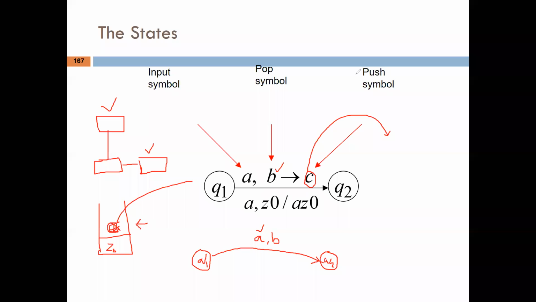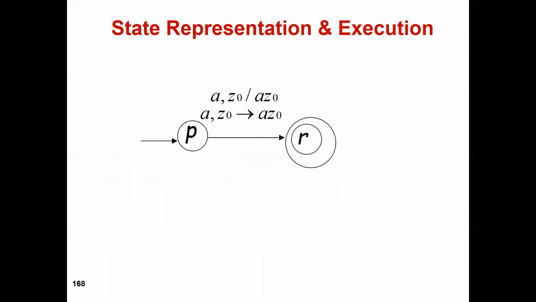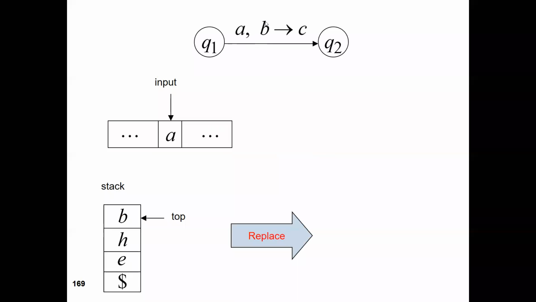Let's see in detail the same thing. For example, A, B. See here, this is the simple case: A is the symbol that you read from the input tape, and B is the symbol that you read from the stack. Clear? Why are you reading B here?